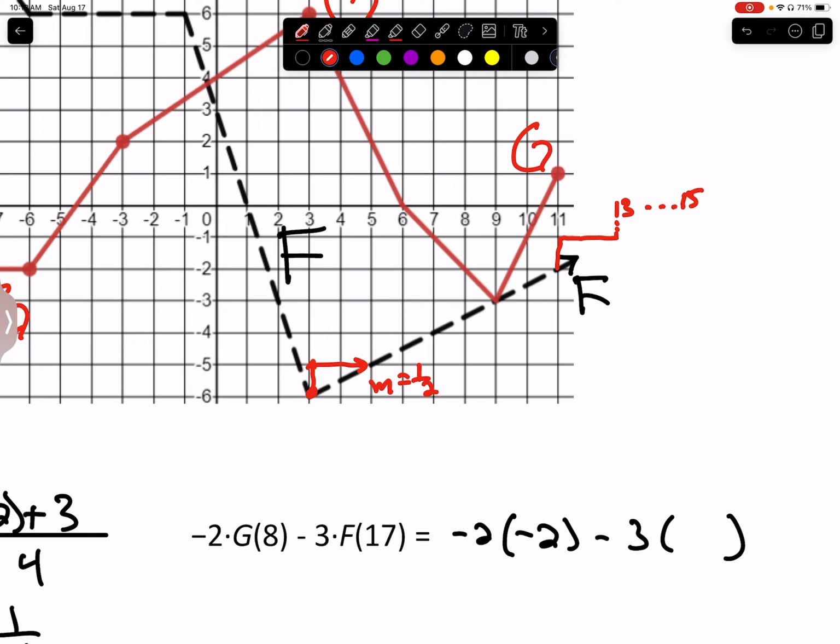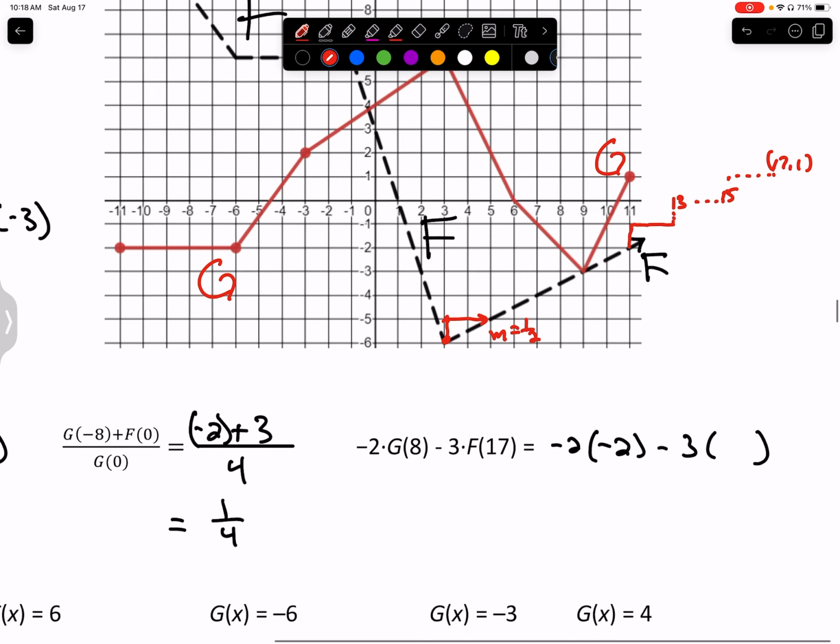And if I go up 1 more and to the right 2, that's going to put me at 17, 1. Another way to look at it, oh, there's lots of ways to look at it. I won't bore you with it. But the point is that f of 17 is 1.